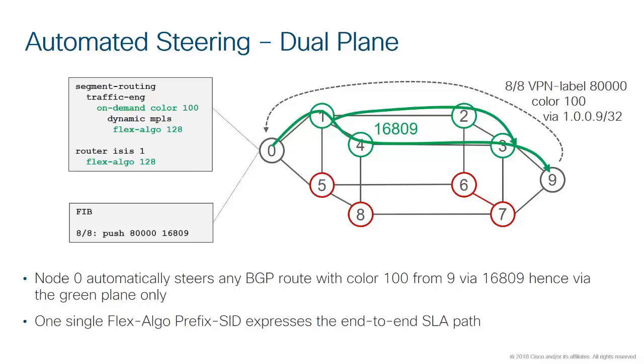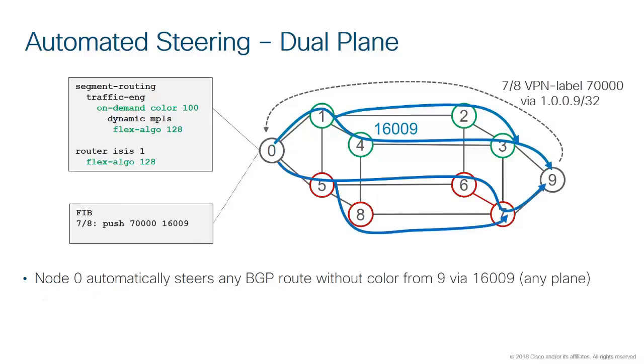So now let's take another example. 9 is sending 7/8 with the VPN label 70,000, next stop 1009, but there's no color. In this case, node 0 is going to install 7/8 with the push 70,000 and then 16009, which is the prefix SID of algorithm 0 of 9. That's the default behavior.